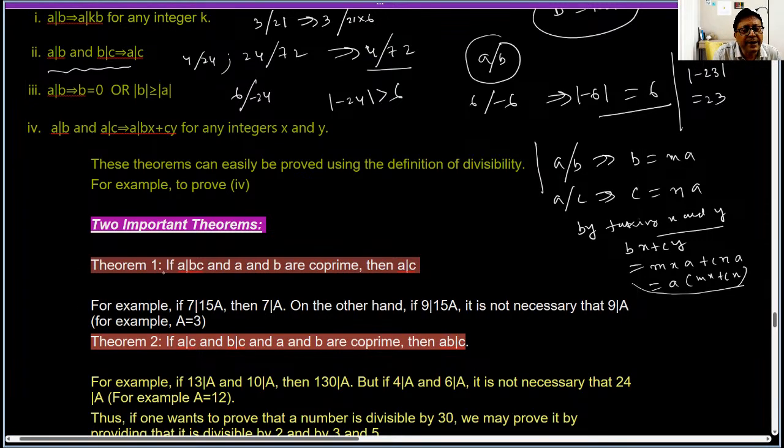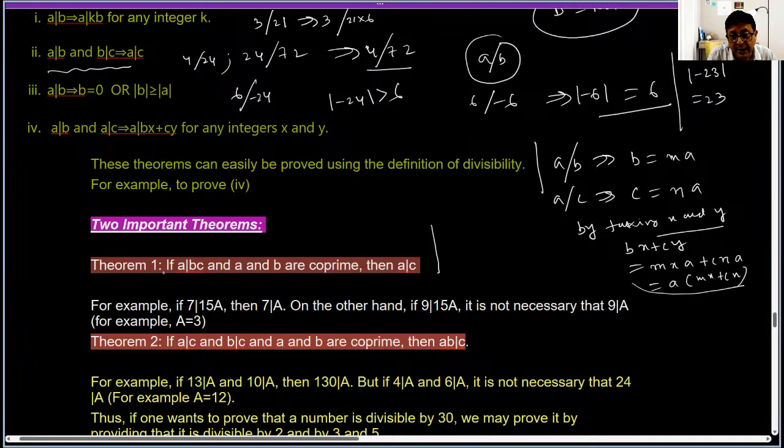If A divides BC and A and B are co-prime, then A divides C. Let me take an example only. This is very easy to understand. A is dividing this product B into C, and A and B are co-prime. So obviously A is not dividing B; A is dividing C only.